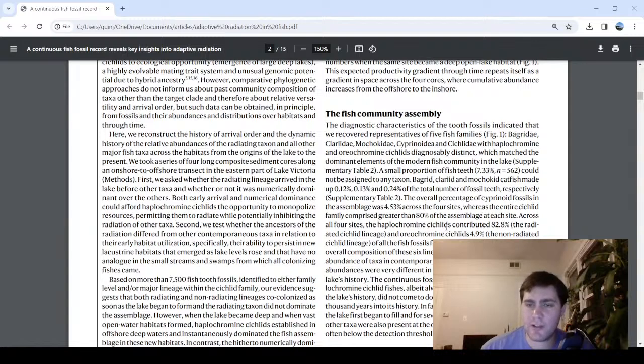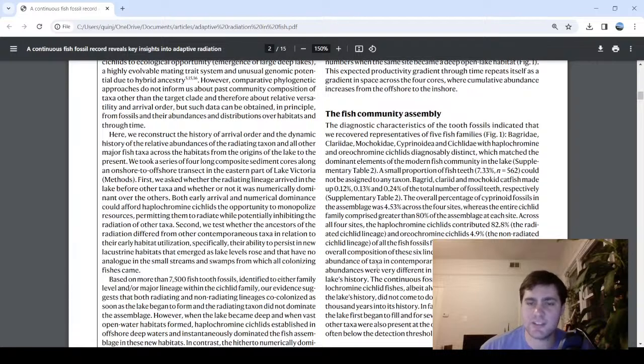The haplochromine cichlids contributed 82%, and the aureochromine cichlids 4.9%. This overall composition of the 6 lineages closely resembles the relative abundance of taxa in contemporary Lake Victoria.